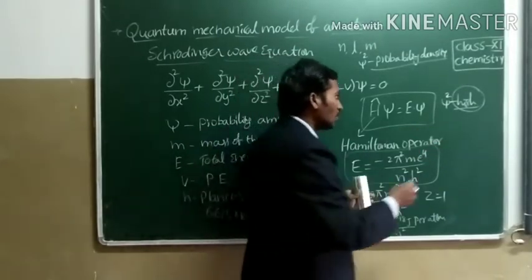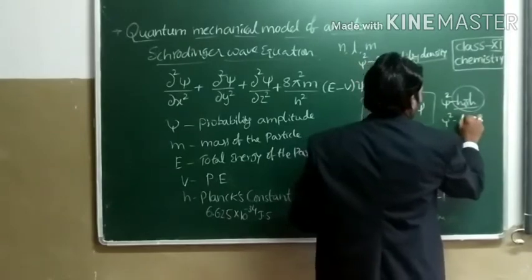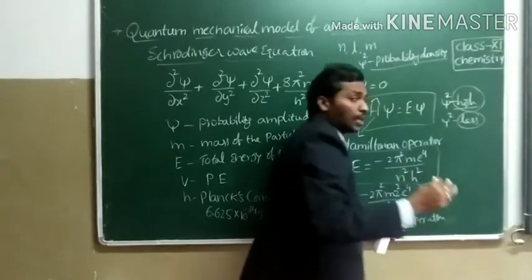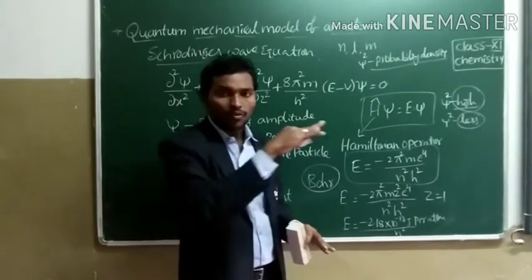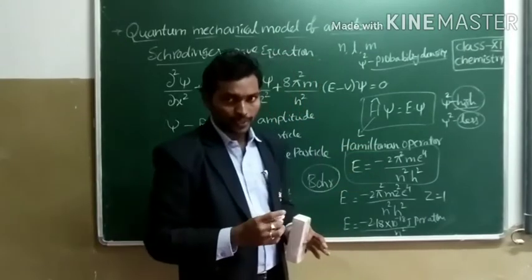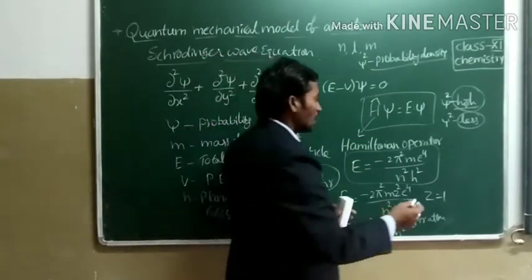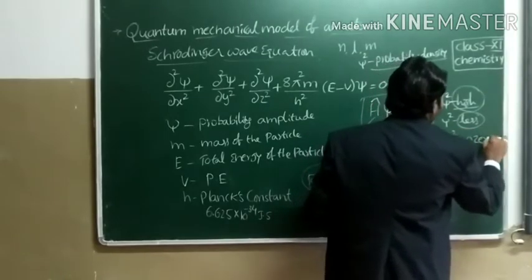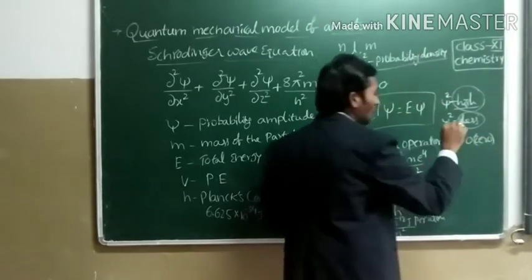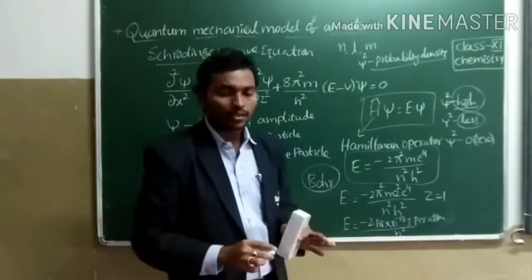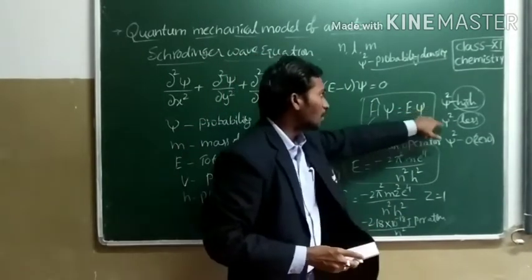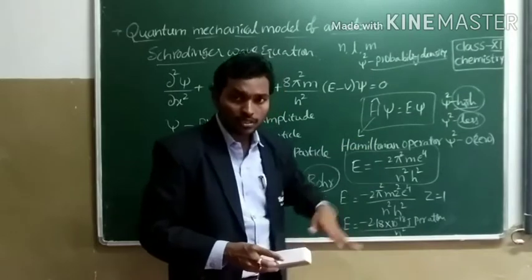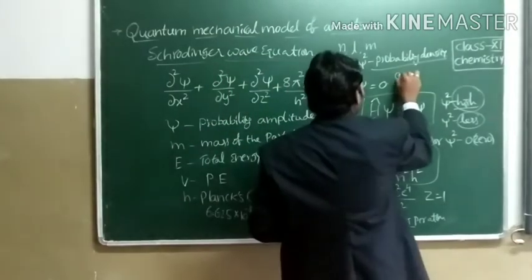Or if the psi square value is 0, it means 0 probability of finding an electron in the space. Here psi square means probability density, which is also called orbital.